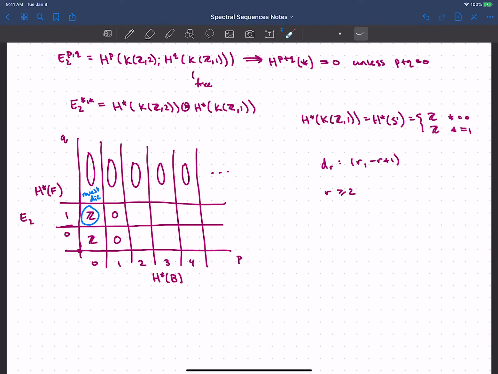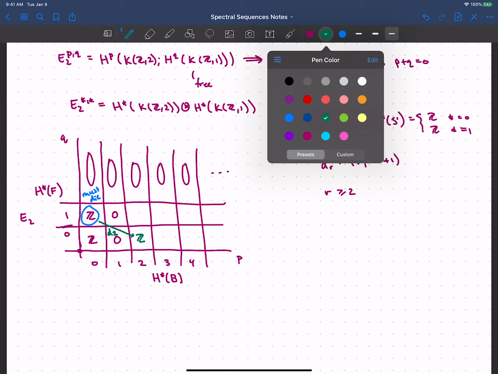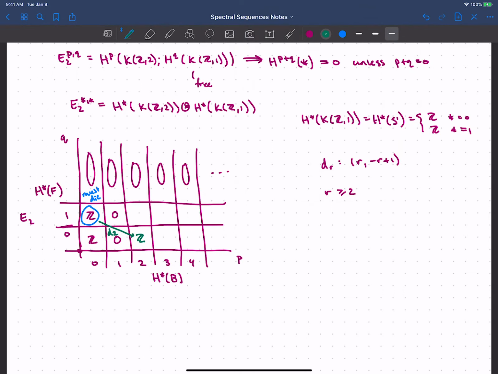So the only way we could have a differential out is, well, a d1, nope, we're past that, we're on the E2 page. So the only possibility is a d2. So we must at least have a copy of the integers here for this copy to inject into, so that when we take kernel mod image at that spot, we get 0.